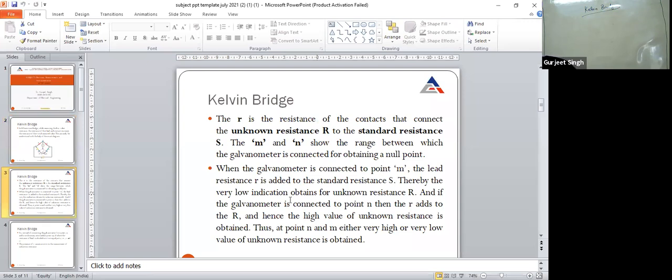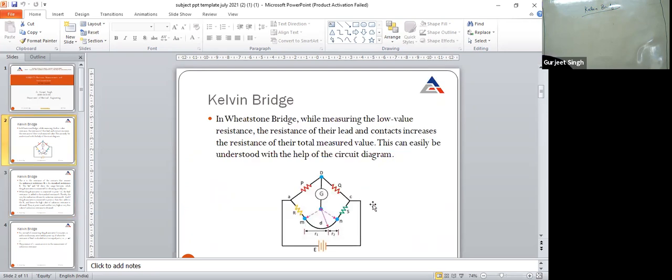Next, we will connect the galvanometer to the point N. Suppose this is the galvanometer, and this is the second point. We will connect this second point to the point N. So what will happen if I connect the galvanometer to the point N?